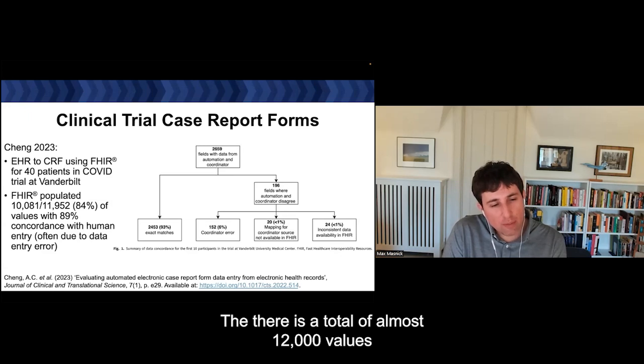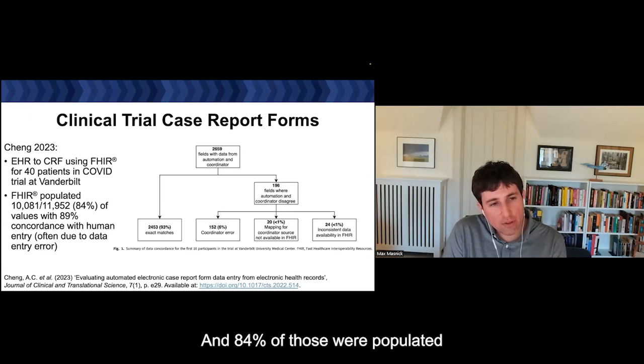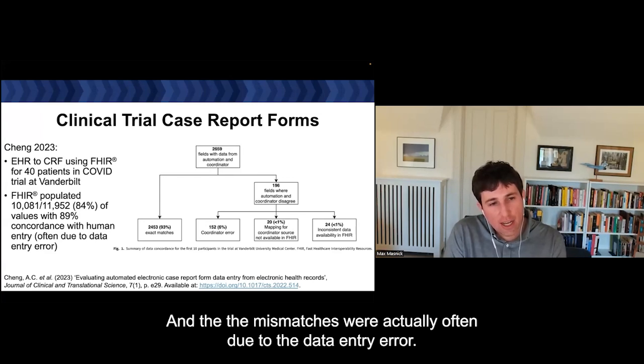There was a total of almost 12,000 values that could be populated with FHIR for these 40 patients, and 84% of those were populated with data from the EHR using FHIR, and these had 89% concordance with human data entry, and the mismatches were actually often due to data entry error.